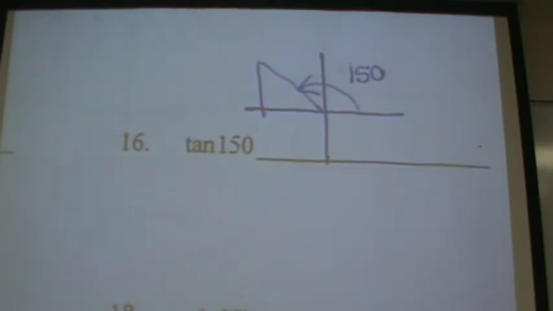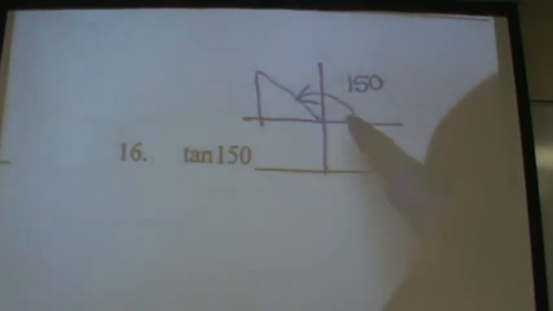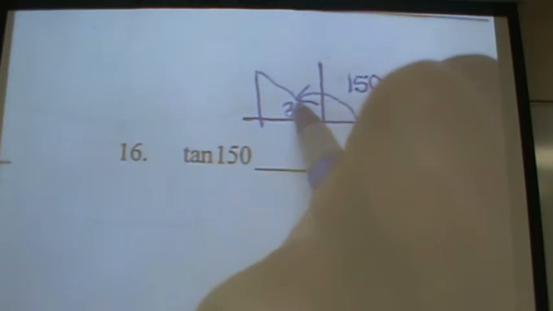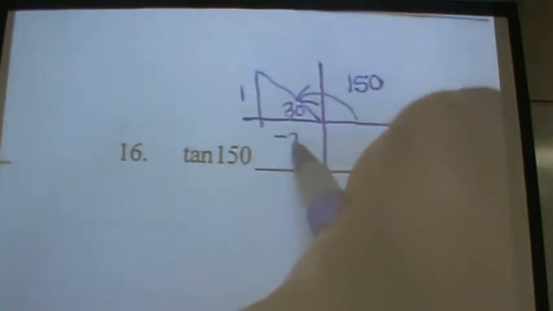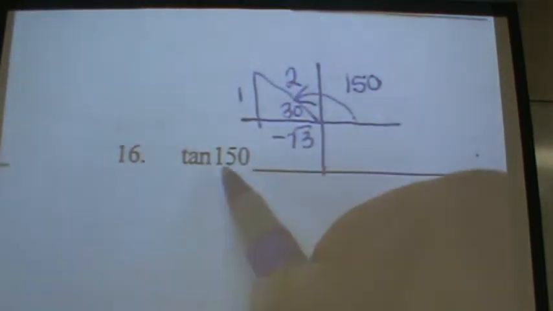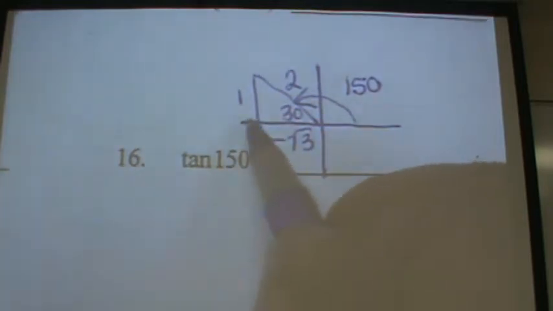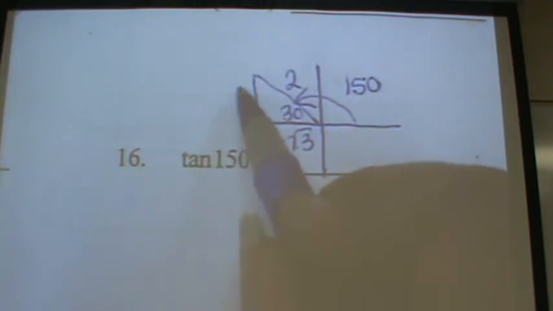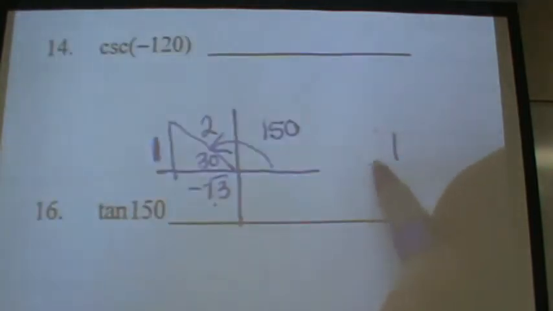You can go back to your seat. 150 is from here to here. What's this angle right here? 30. This is going to be 1, this is going to be negative root 3, and 2. What's the definition of tangent? Opposite over adjacent. So it's 1 over negative root 3.